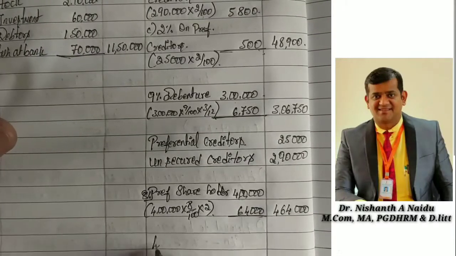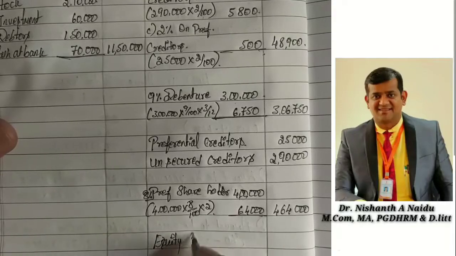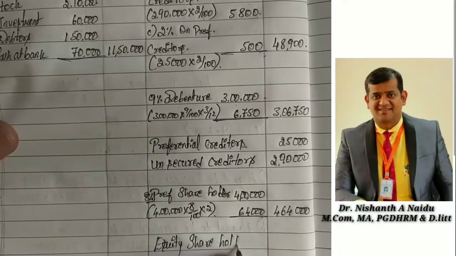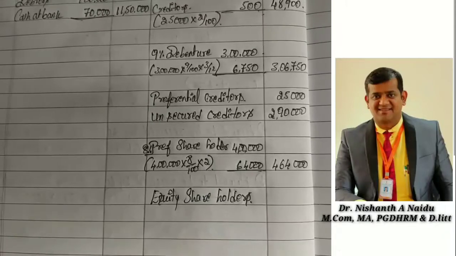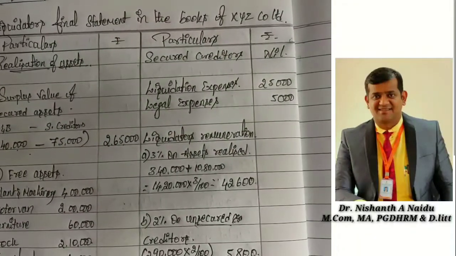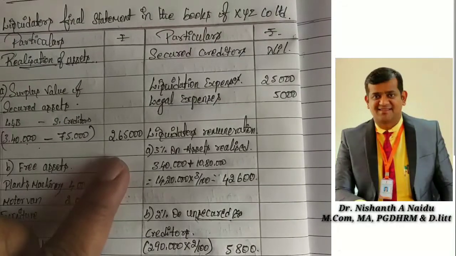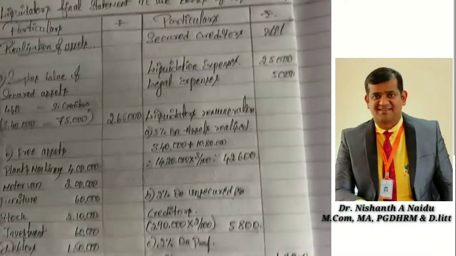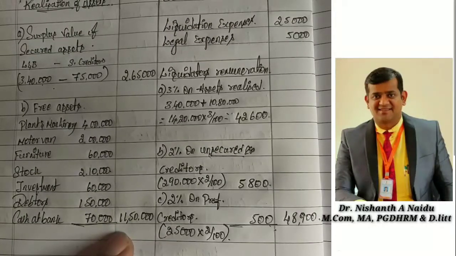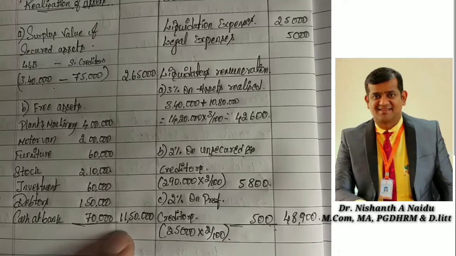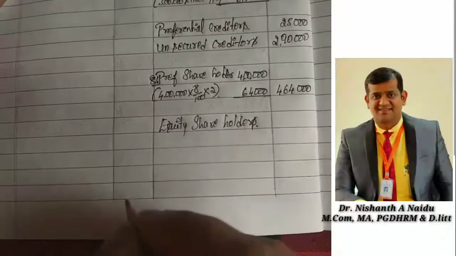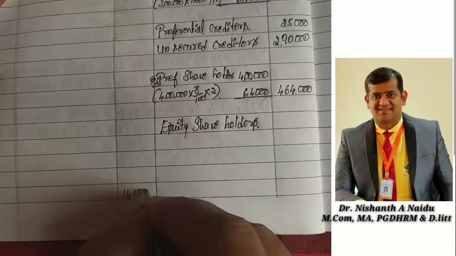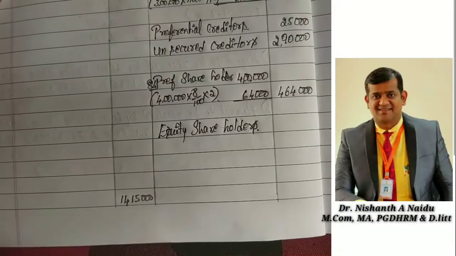Okay. Next, for equity shareholders. So next I am going to distribute the money for equity shareholders. For this, you know, right, what is the next step we are supposed to do? First I have to check the amount I have. So that is 2,65,000 plus 11,50,000, total. I'm getting 14,15,000 rupees. I'm just writing in a pencil for reference purpose. Okay.